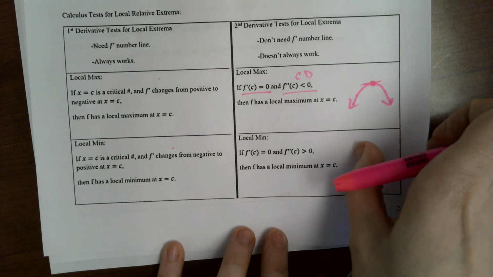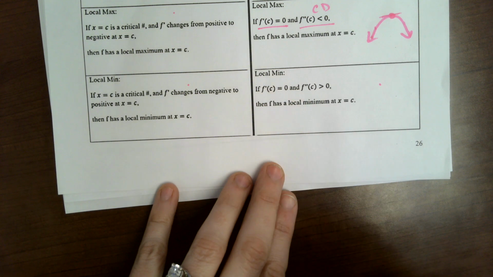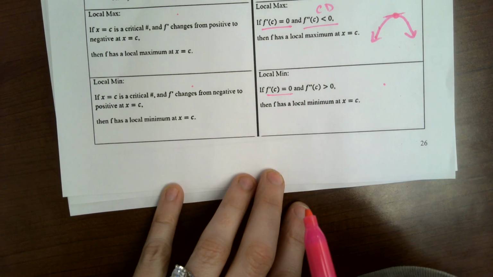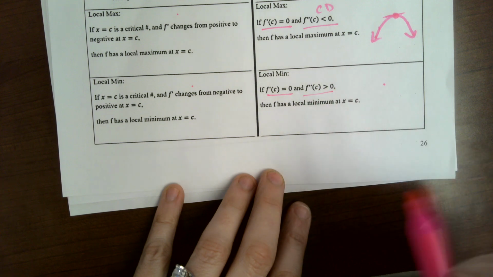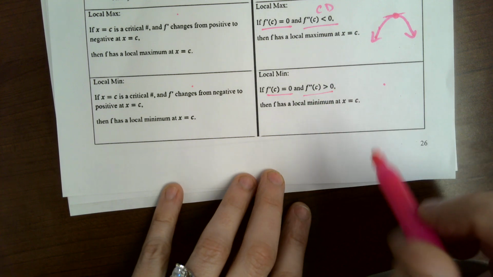Now a local min goes like this. If f prime of c is equal to 0, so again a horizontal tangent, and f double prime of c is greater than 0, then f has a local min at x equals c.